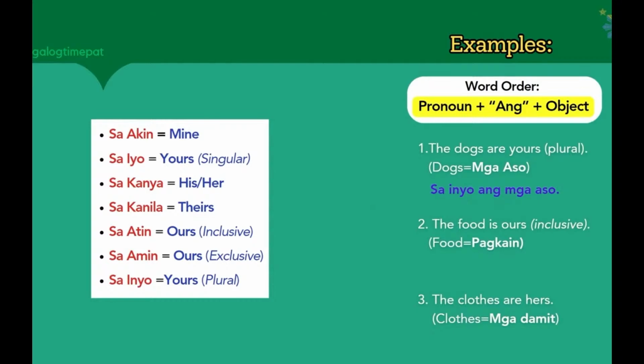So yours and mine together, we are sharing it. Food is pagkain. It would be sa atin ang pagkain. Lastly, number 3, the clothes are hers. Clothes is mga damit. It would be sa kanya ang mga damit.